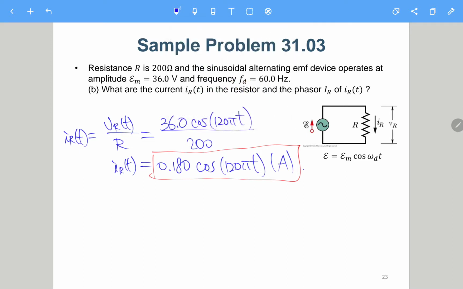And then it also asks you about the phasor I_R, which is nothing but 0.180. So for the resistor, it is very trivial.